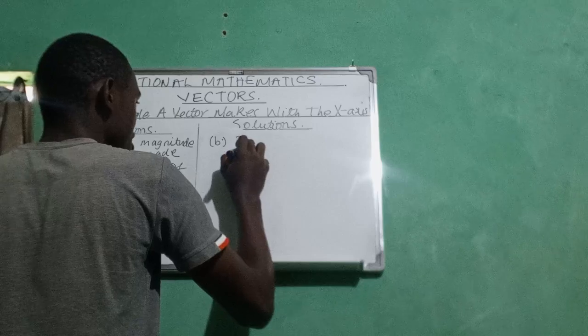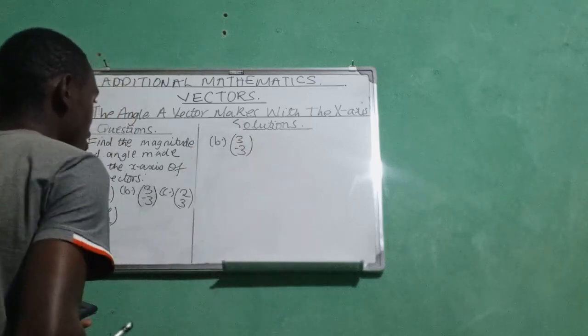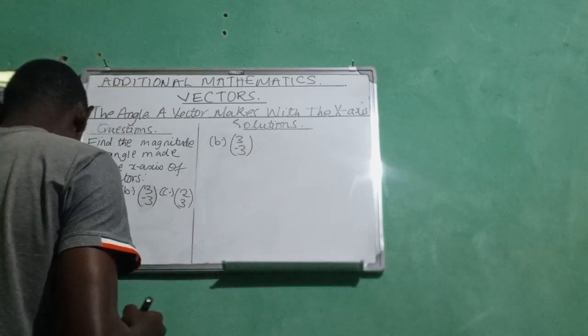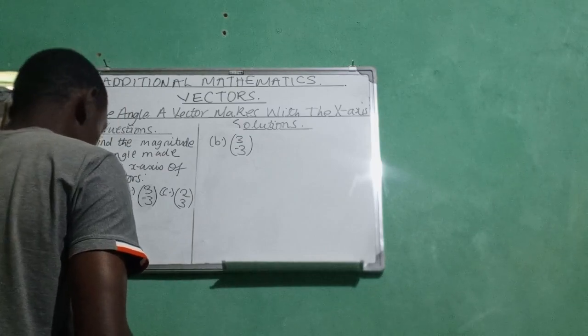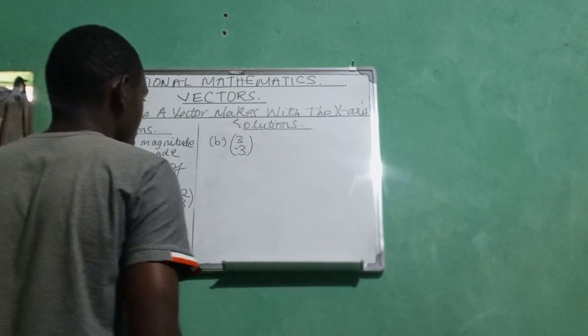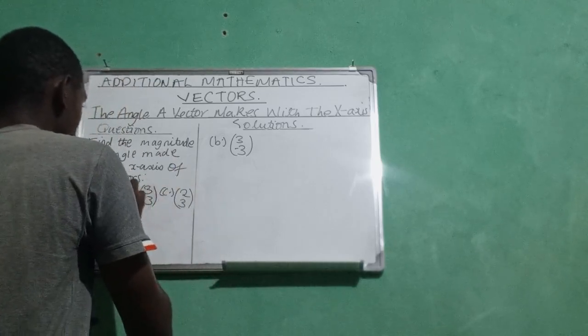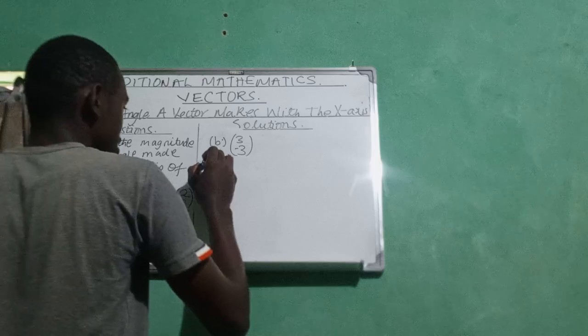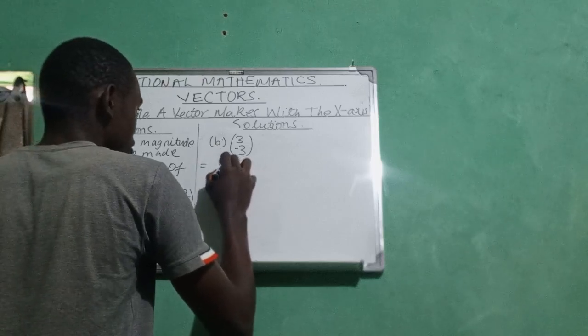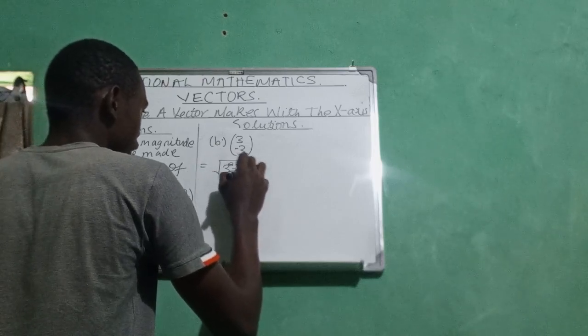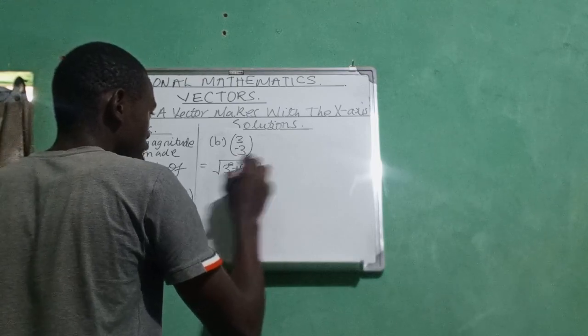B is (3, -3). Alright, we need to find the magnitude, then the angle the vector makes with the x-axis. The magnitude of this would be the square root of 3 squared plus (-3) squared.